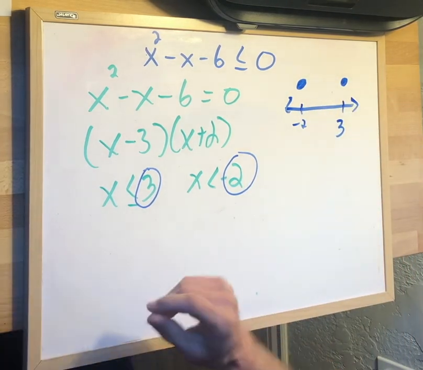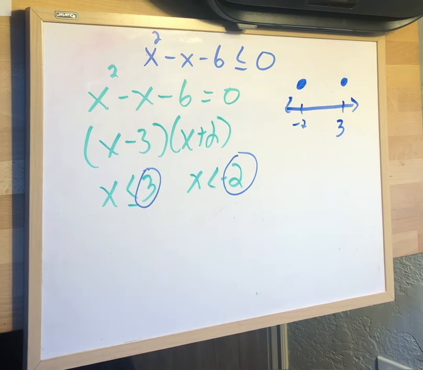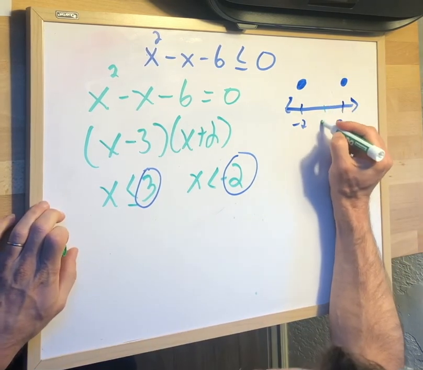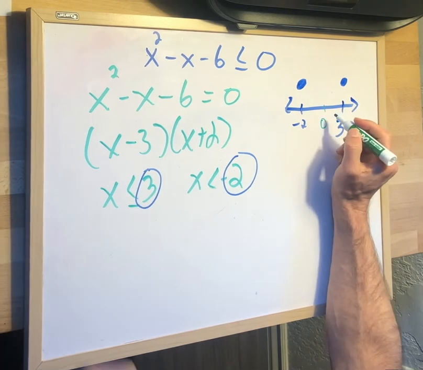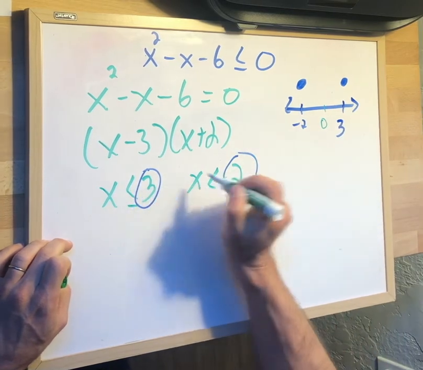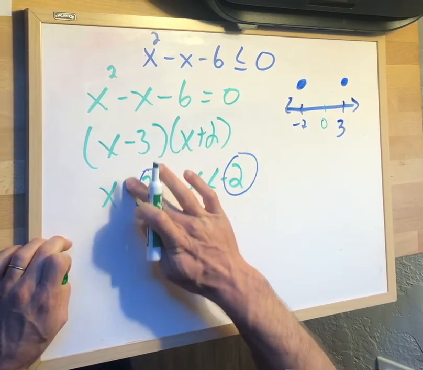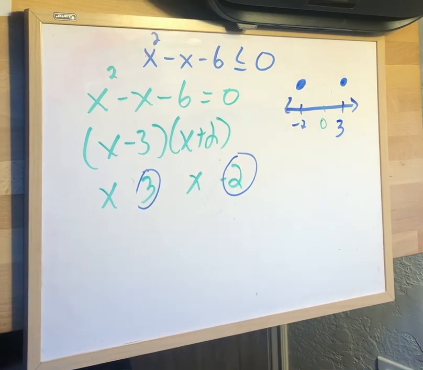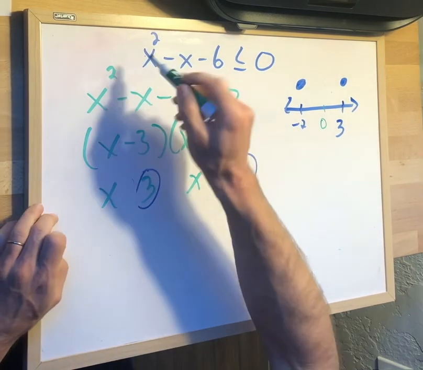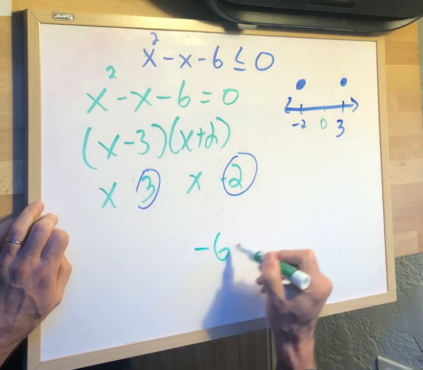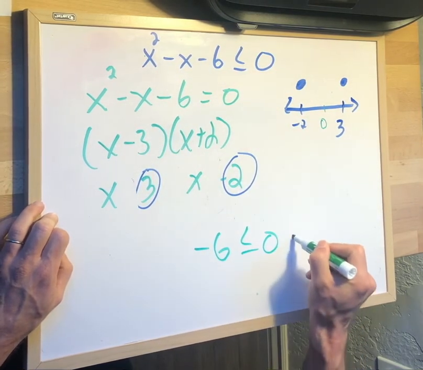Now I have to choose a testing point. The easiest testing point is choosing 0. And if 0 is true, then we're going to include 0 in this region. So we are going to get rid of these inequalities right now. Let's choose 0: 0 squared minus 0 minus 6. So negative 6 is less than or equal to 0. That is a true statement.